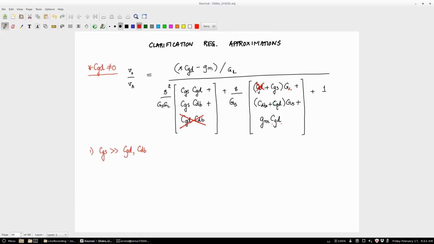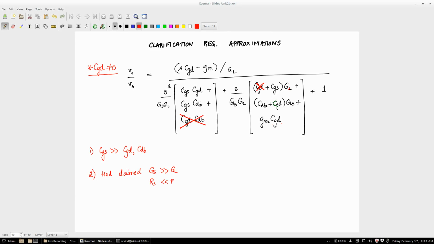So the first thing we said was that CG is much greater than CGD and CDB. Okay, there is no confusion in that. That is clear. So what does that allow you to do? That allows you to drop this CGD with respect to this CGS. I forgot there was a GL, there's a GSL. Okay.